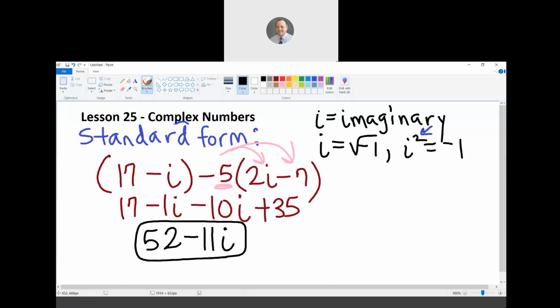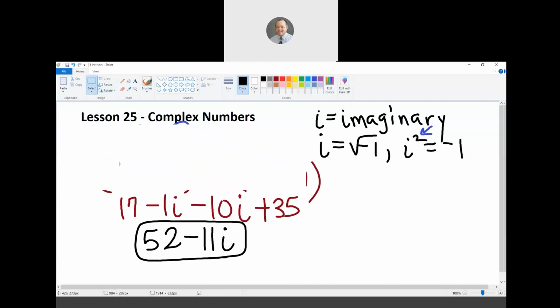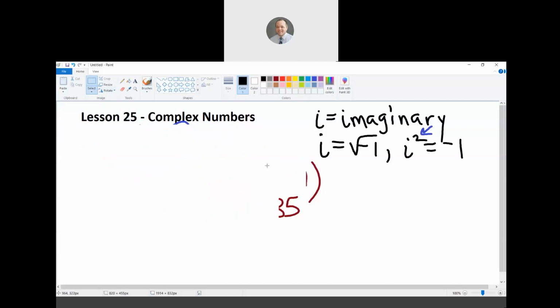Next up, let's look at multiplication. And we'll look at various degrees of multiplication, or various difficulty levels. Let's start with this problem.